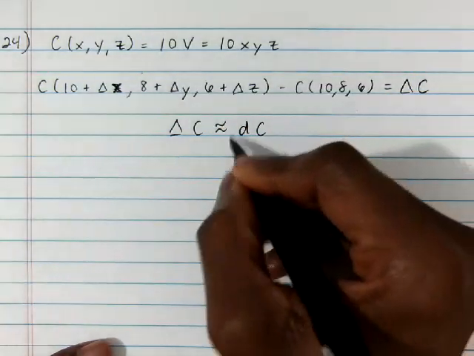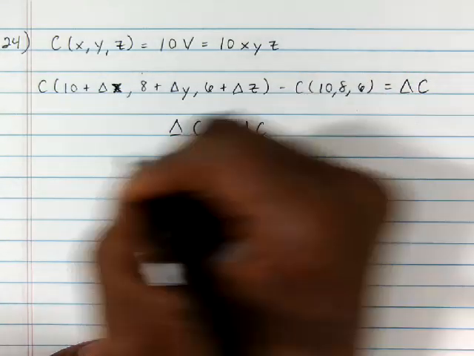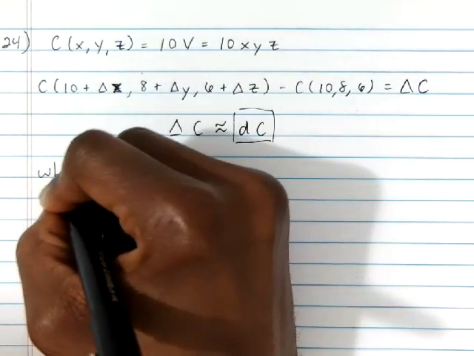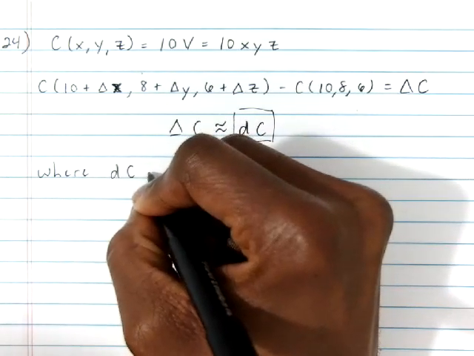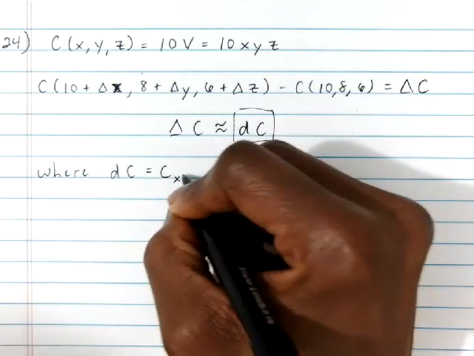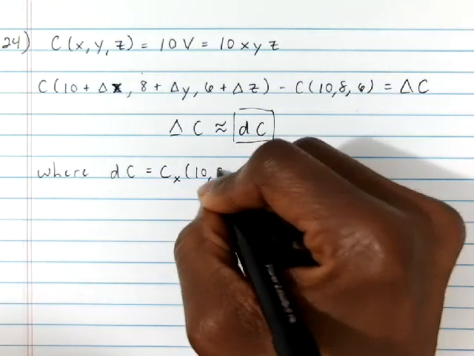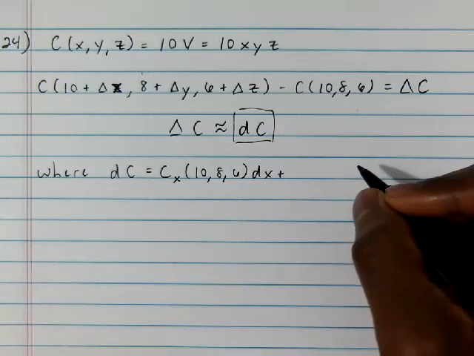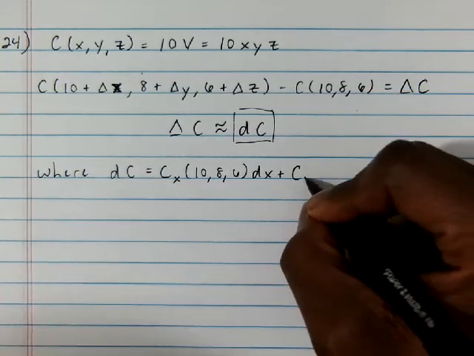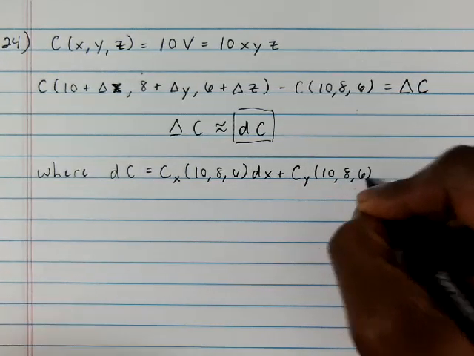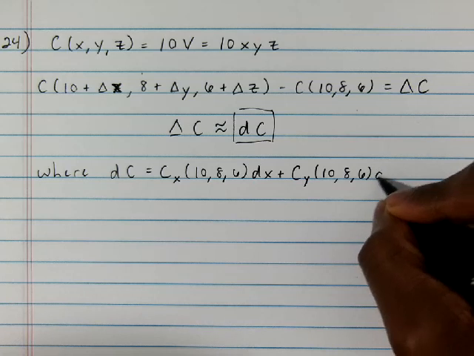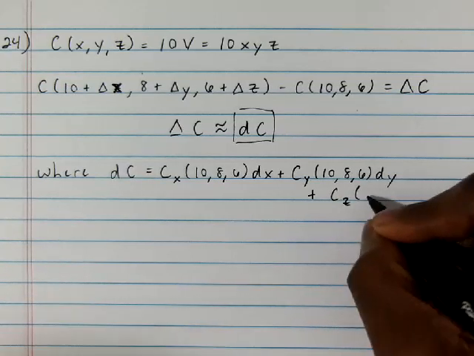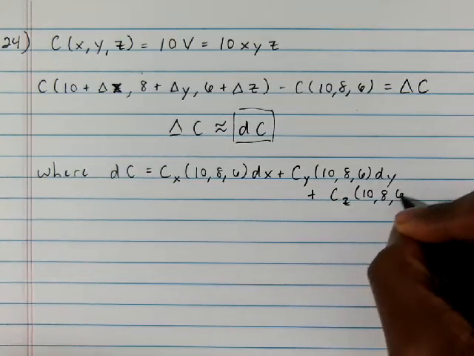So they're just asking us to find this, where dC is equal to the partial of C with respect to x, evaluated at (10, 8, 6), times dx, plus the partial of C with respect to y at (10, 8, 6) times dy, plus the partial of C with respect to z at (10, 8, 6) times dz.